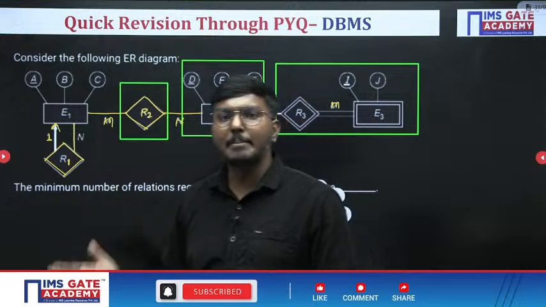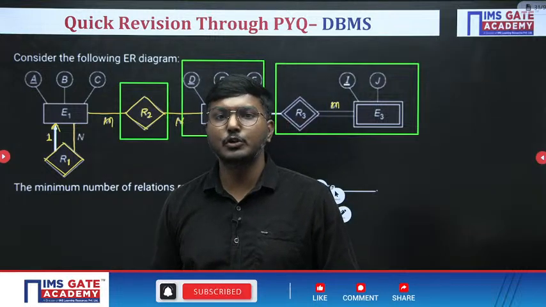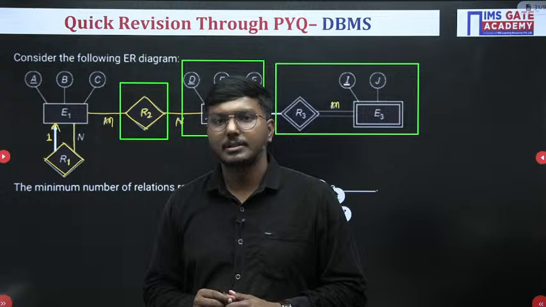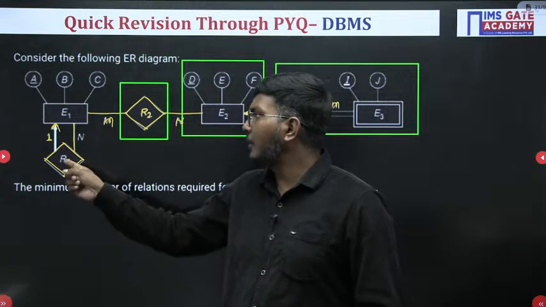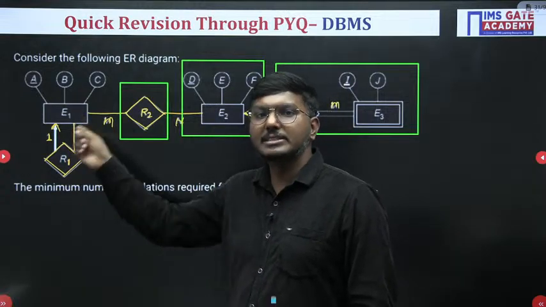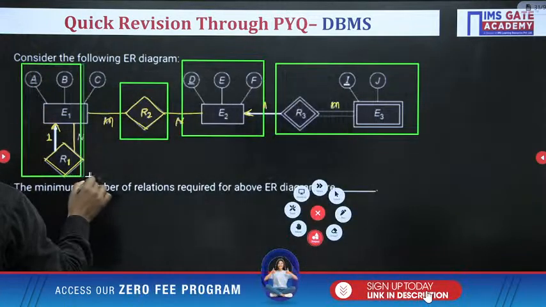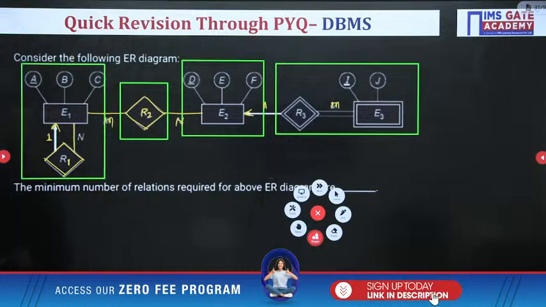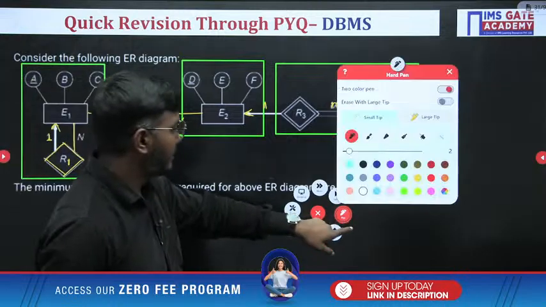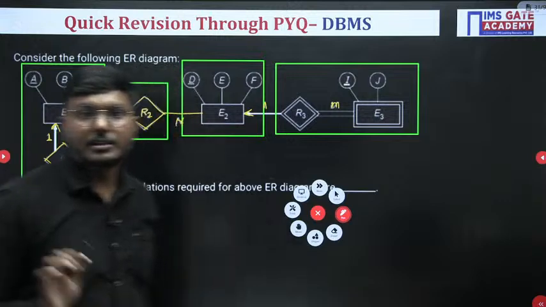Then why manage E1 separately? No need to manage E1 separately. Getting my point? This R1 will be merged towards the many side with the E1 entity set, so it will be merged into a single table. Understood?